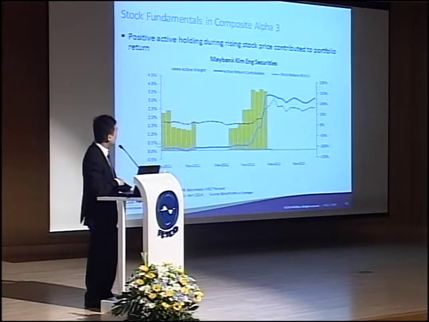The left-hand scale is your active holding. So the active weight continues to rise, and it seems to be tied in very well with the period when the stock price was moving up. So the picking of this stock was timed very well, and the contribution from this bet paid off tremendously, represented by the blue line.